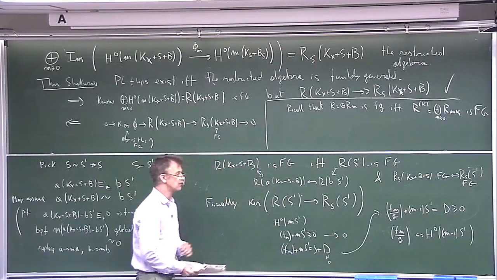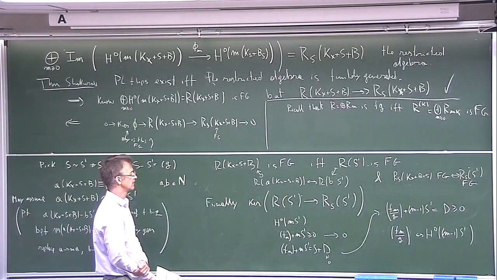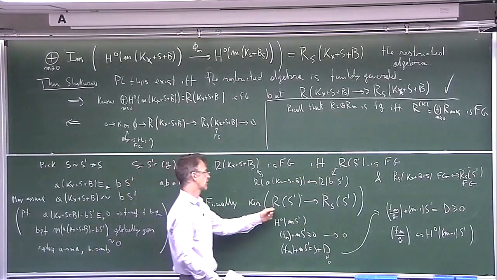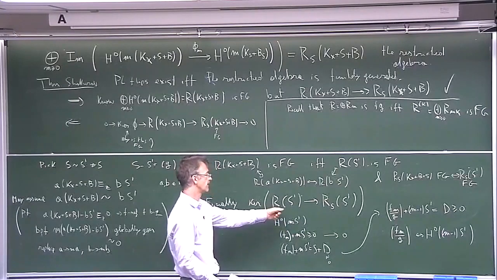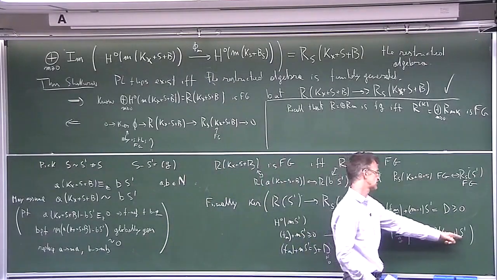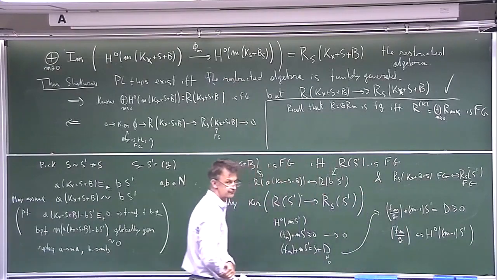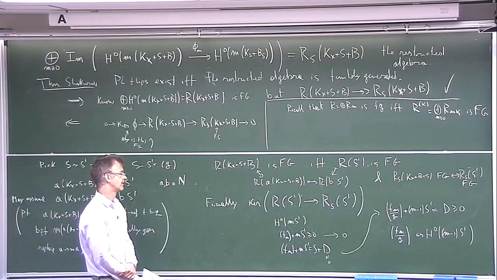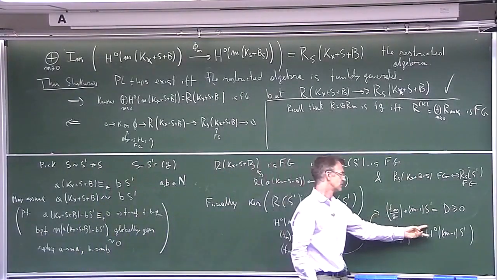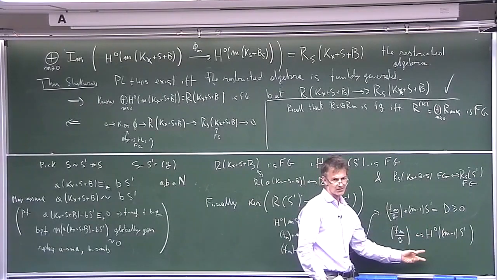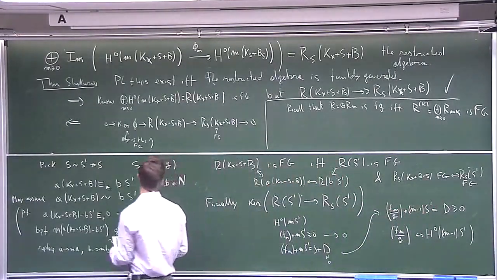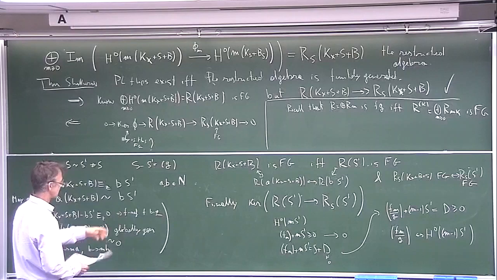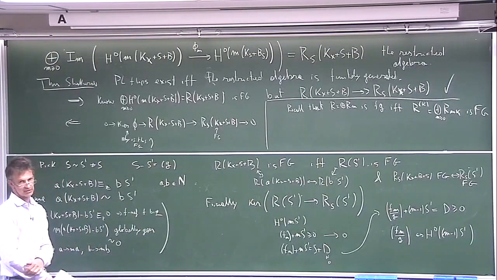So it's saying that the elements of the kernel of this map are multiples of H0 m minus 1 S prime times G. So it's a principal ideal generated by G. So that's the graded piece in degree minus 1 multiplied by this function G. So what I've done is, after this reduction, I've shown that the kernel is a principal ideal, so it's finitely generated.